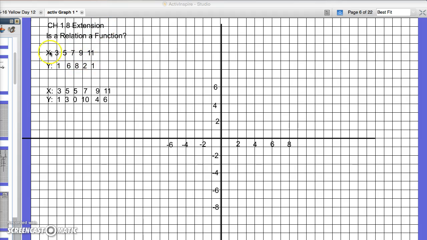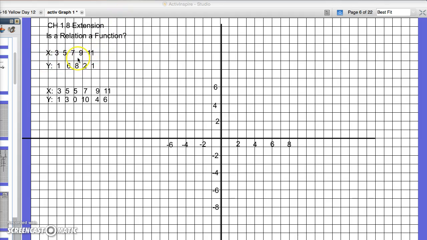We've actually already done this with respect to charts, but we'll do a quick review here. In this first one, remember it's a function if for every value of x, that is every element of the domain, there is exactly one element of the range.